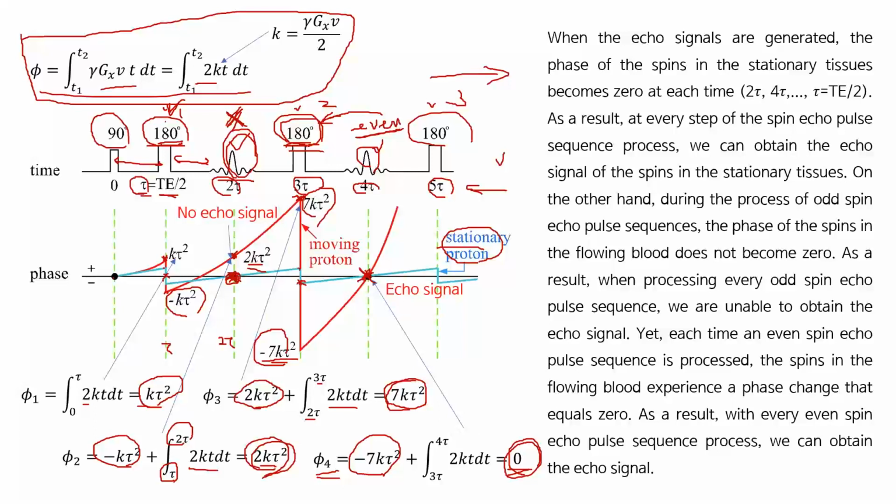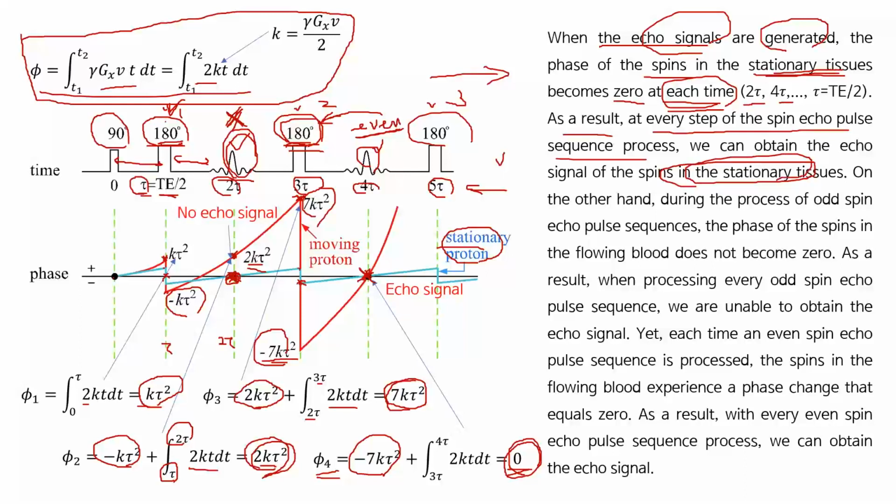Let's see here. When the echo signals are generated, the phase of the spins in the stationary tissues becomes 0 at each time. So tau, 2 tau, 4 tau. At each time, stationary tissue gives the echo signal. As a result, at every step of the spin echo pulse sequence, we can obtain the echo signal of the spins in the stationary tissue.